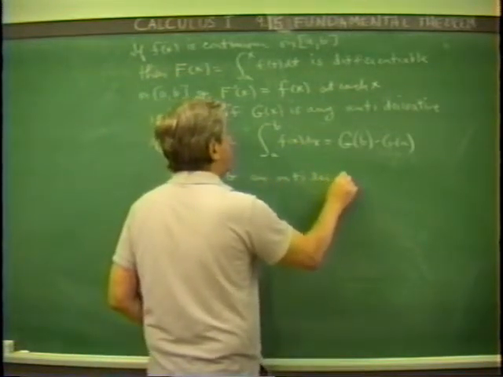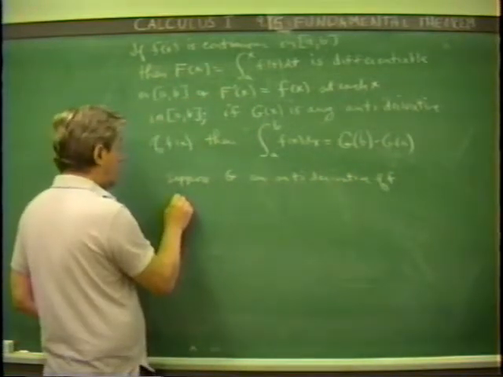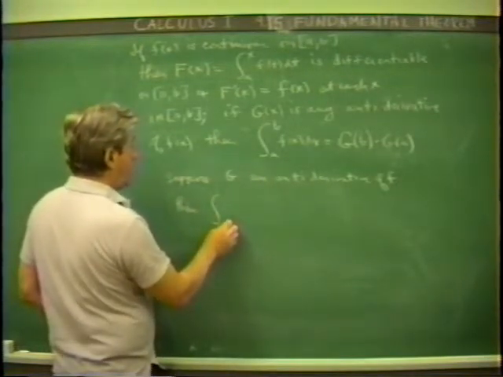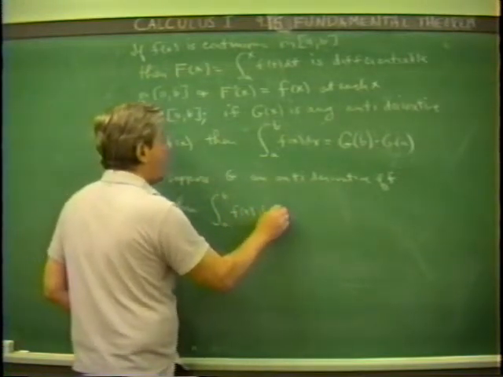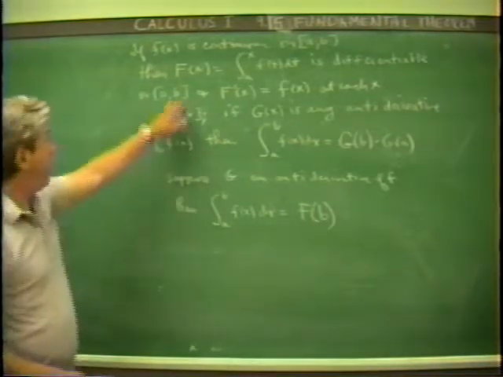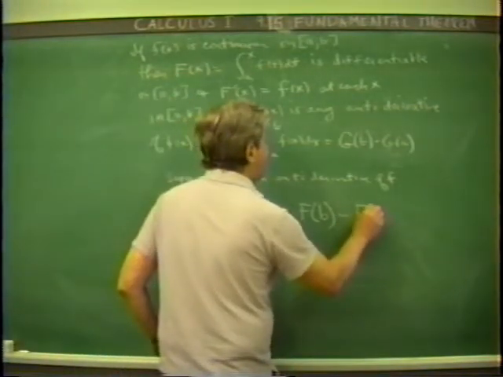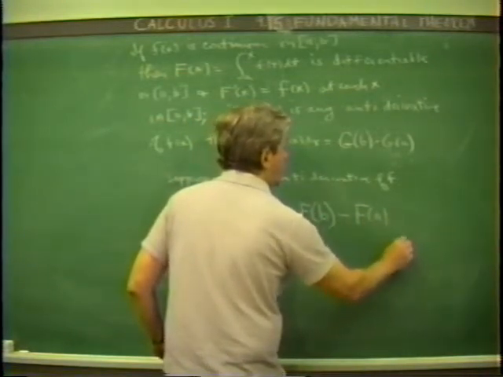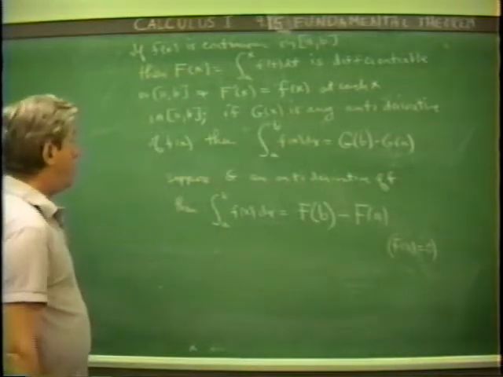Let's suppose g is an antiderivative of f. Then what? If we look at the integral from a to b of f of x with respect to x, this is equal to capital F of b, where capital F is the integral from a to x. But it's also equal to F of b minus F of a, because F of a is 0.